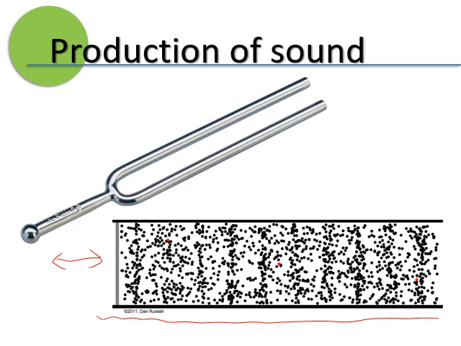At first glance, it seems that the particles are moving from left to right. But if you pay close attention to the red particle right here, you can see that it's actually only oscillating left and right. So this proves that sound itself is a longitudinal wave, in which the vibration is parallel, the keyword being parallel, to the direction of the wave itself.